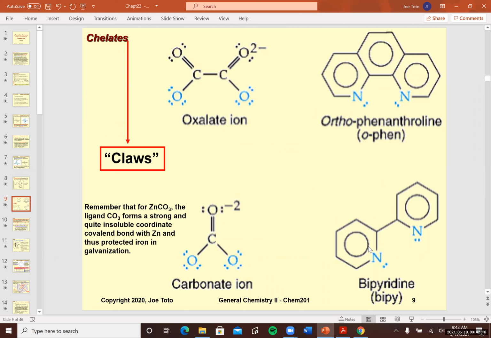We looked at some other ligands that have more than one coordinate covalent bond, or more than one pair of electrons that are donated into empty d orbitals.